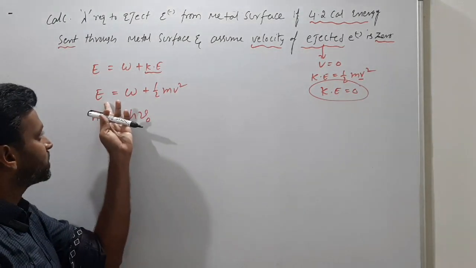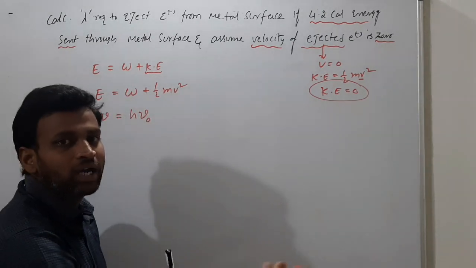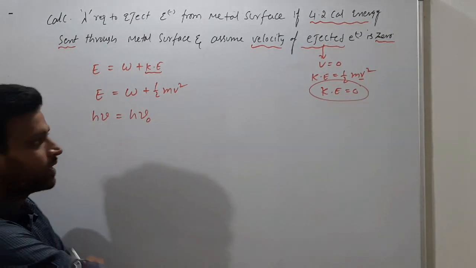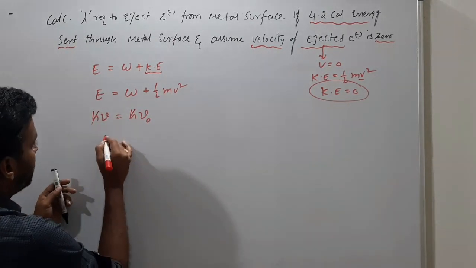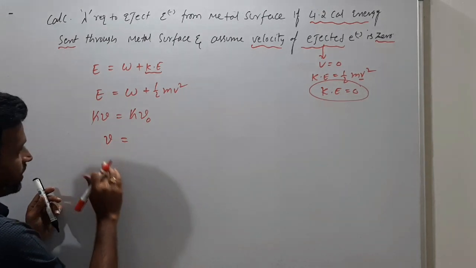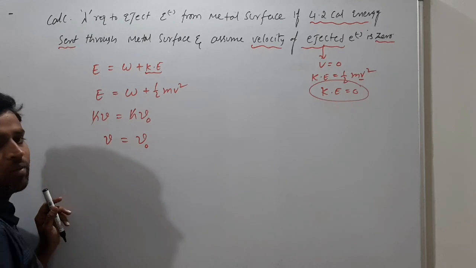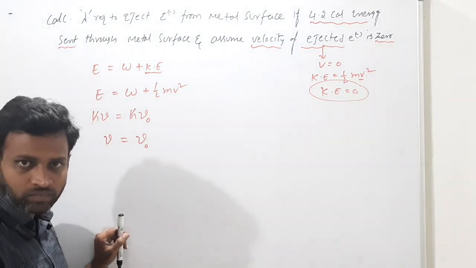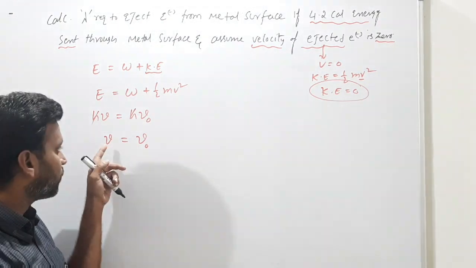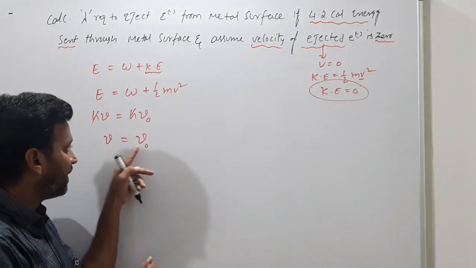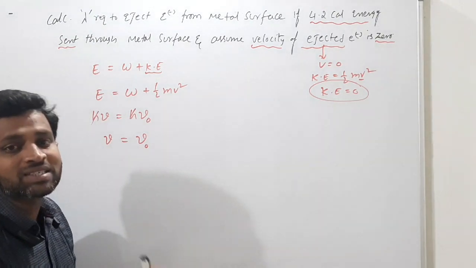Suppose 5 calories energy you send, and 5 calories energy is required to remove the attractive forces. Got it clearly? So h nu is equal to h nu naught. So h will cancel. The frequency of radiation you sent and the frequency required are both the same.